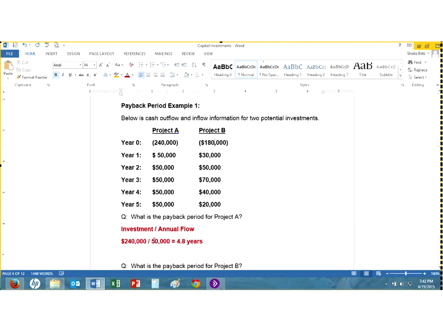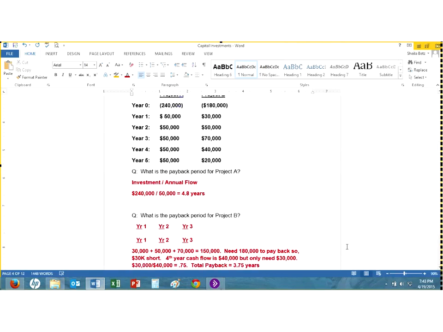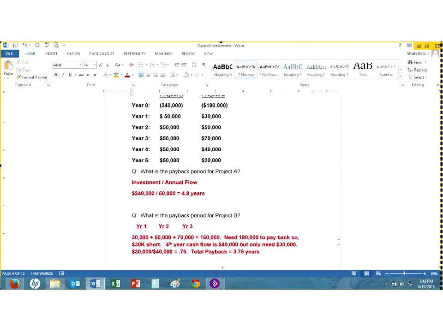We have an annual cash flow coming in of $50,000 each year. So this tells us in 4.8 years, we will break even. So not too bad, right? The next one, still not too difficult, just can't solve it quite as easily. We kind of have to use more of just plain old adding and writing on a piece of paper.